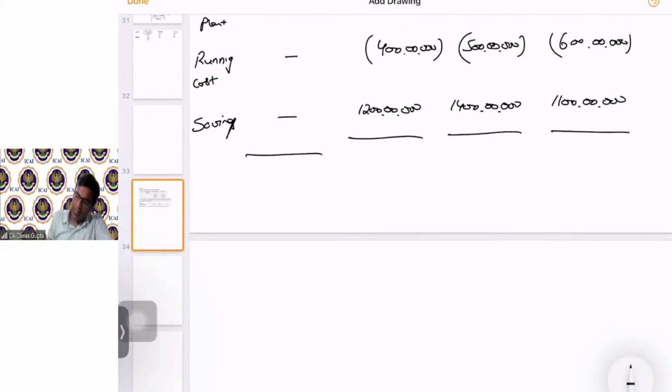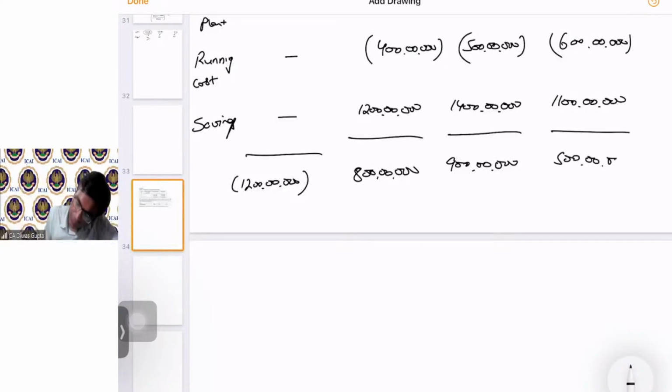So can we say that year on year, without present value, what are the totals? 12 crore in the first case. Second case it is 8 crore positive, which is 12 minus 4. Then 14 minus 5 is 9 crore. Then 11 minus 6 is 5 crore. This is for year 3, correct?